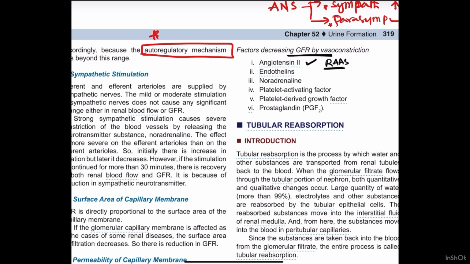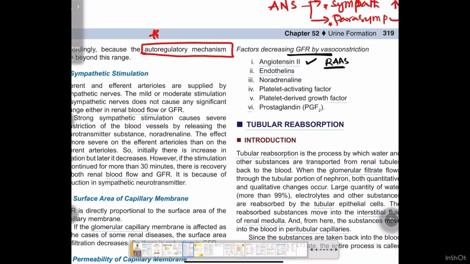Factors decreasing the GFR by vasoconstriction: angiotensin 2, endothelin, noradrenaline, platelet activating factor, platelet derived growth factor, and prostaglandin F2, which you have to remember.